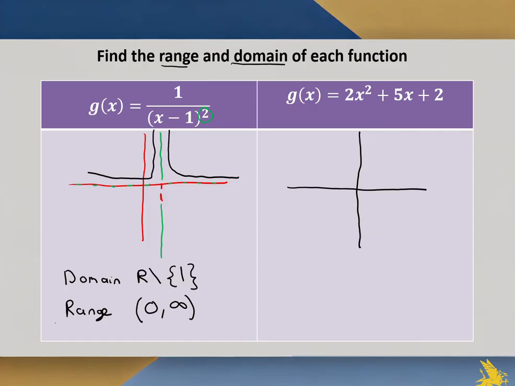So the first thing I'm going to do is just label my intercept. The y-intercept is where x is 0, y is 2, but that's always going to be the c. The next part that I'm going to do is factorize. So straight away I'm looking for two numbers that multiply together to equal AC, and AC is 4, and two numbers that add up to equal B, and B is 5.